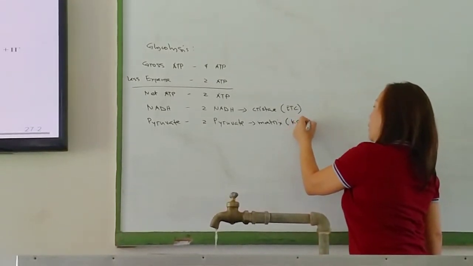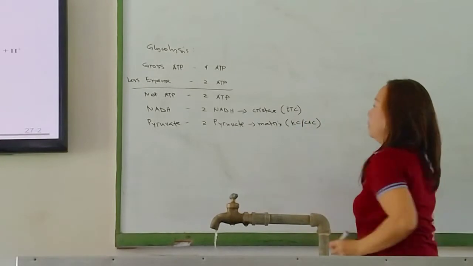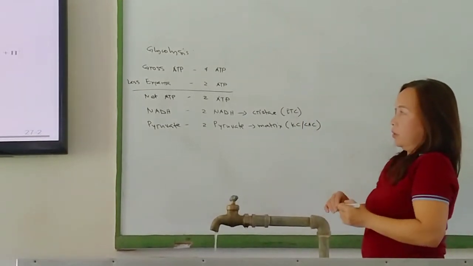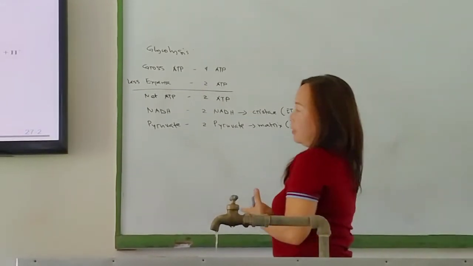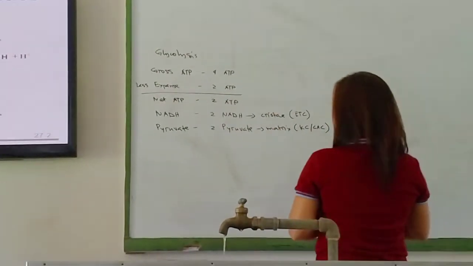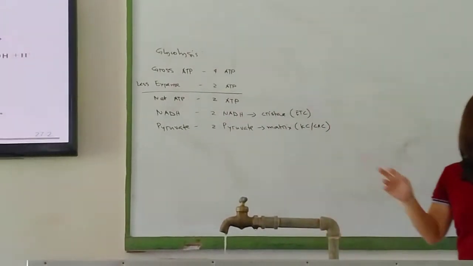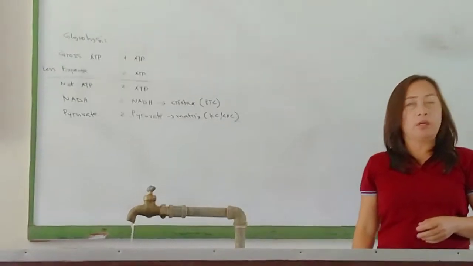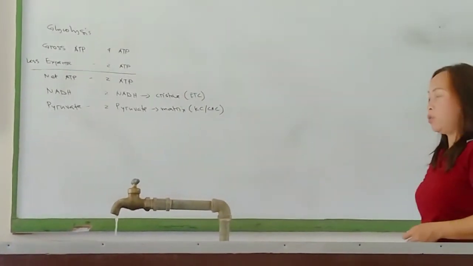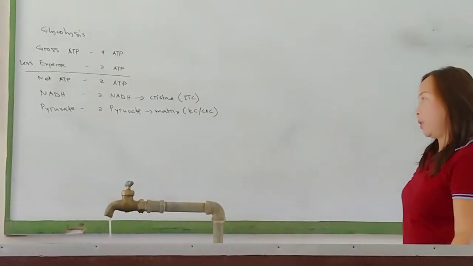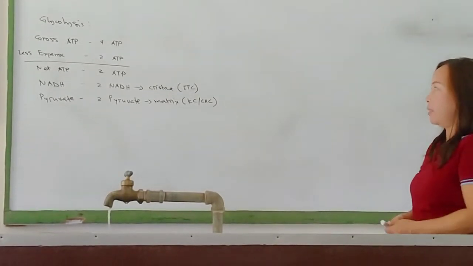Okay. Now, let's discuss how these 2 pyruvate molecules will be further broken down in citric acid cycle.